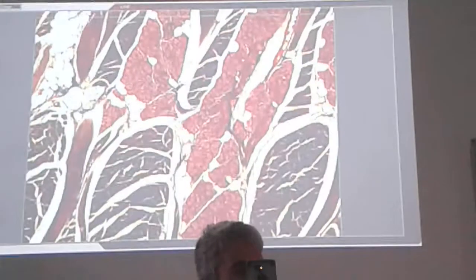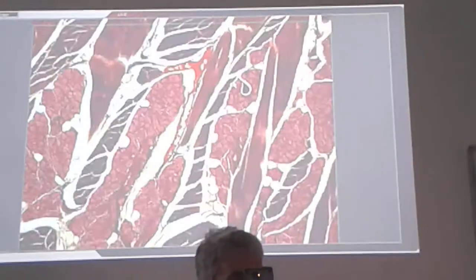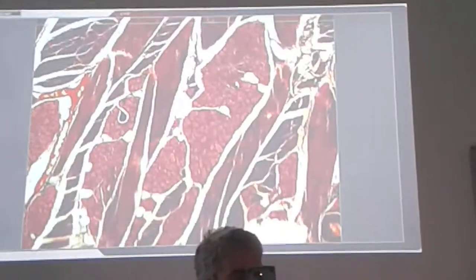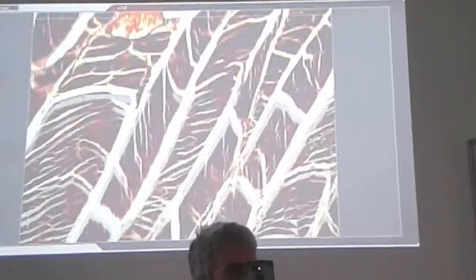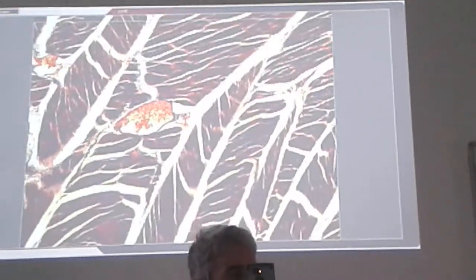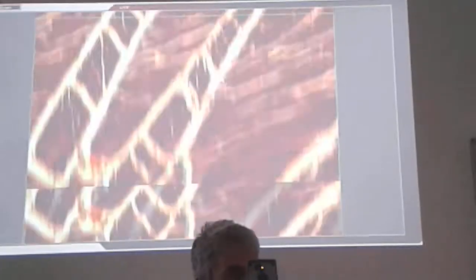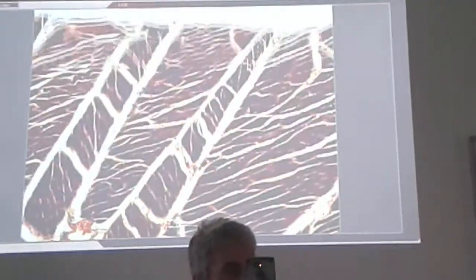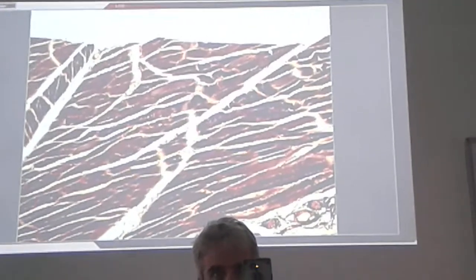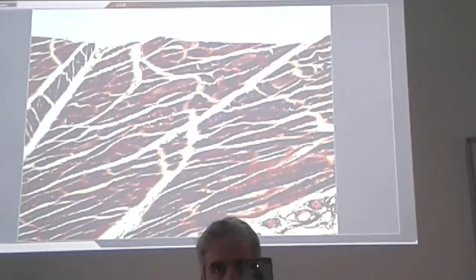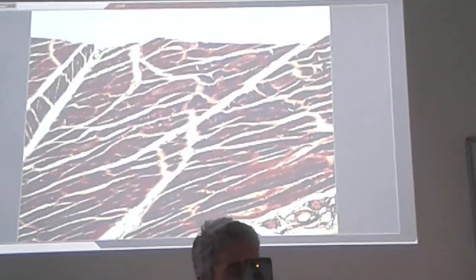Going deeper, a thick section of the tongue, still observing some blood vessels, and maybe another blood vessel here. Our section is cut through the basal surface, so this is not a gross anatomical section.